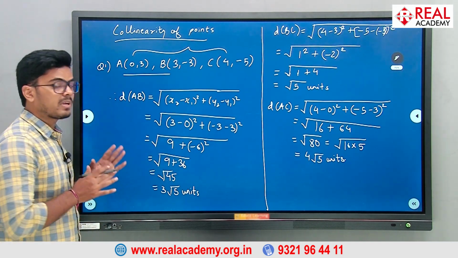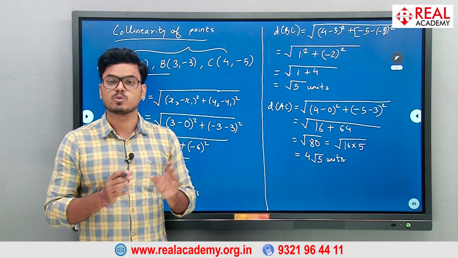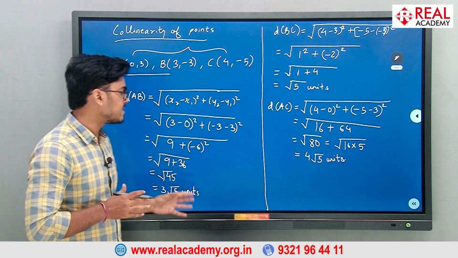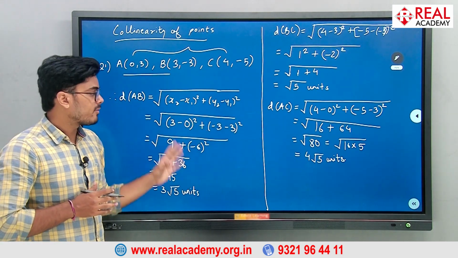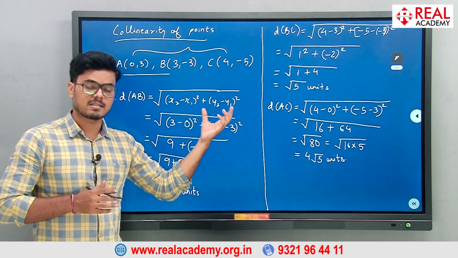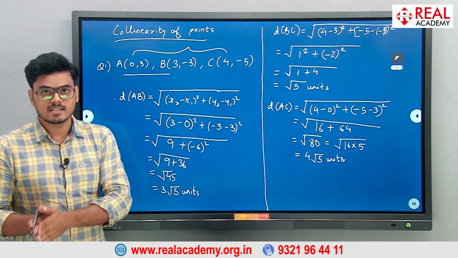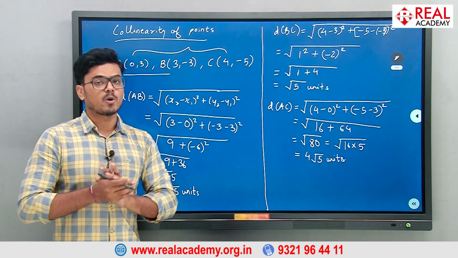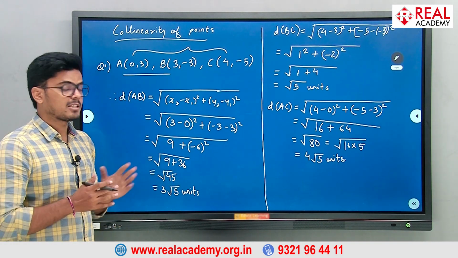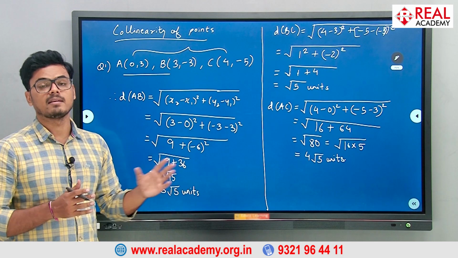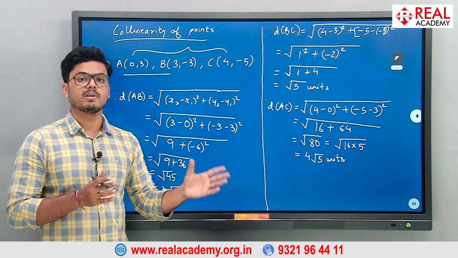That is how we can prove collinearity of points using the distance formula. If out of the 3 distances, the biggest distance is not equal to the addition of the other 2 distances, then the points are not collinear. That's why we can use this to find the collinearity of any given points.